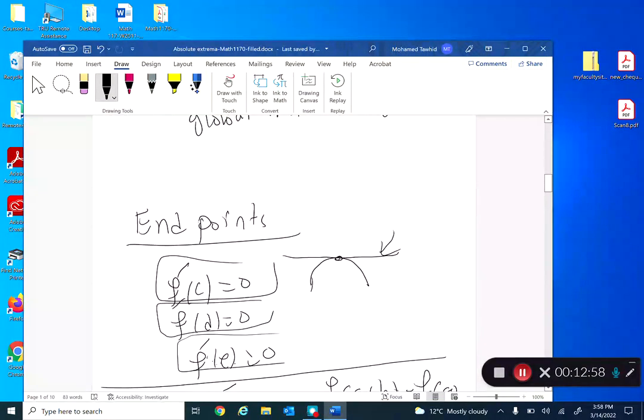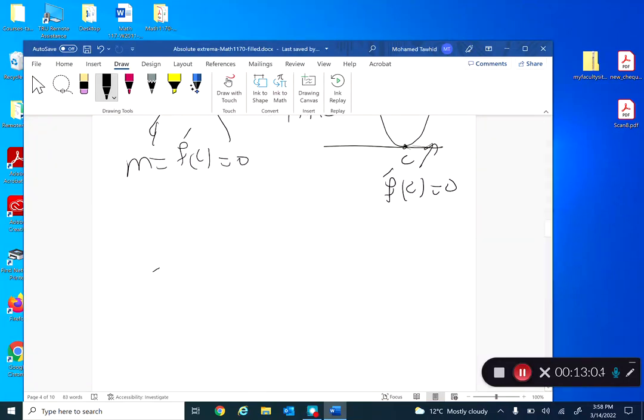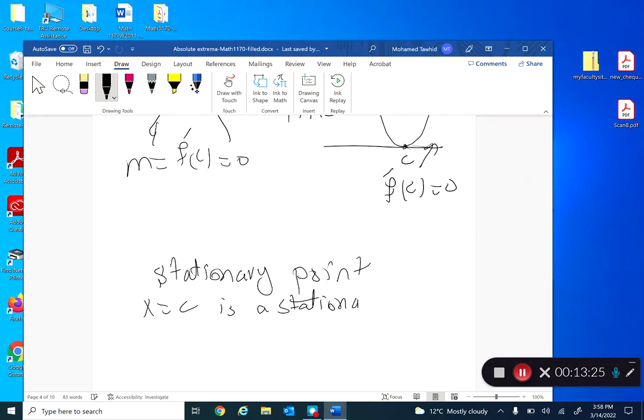This point where you have a horizontal tangent, or the slope is 0, or your derivative is 0, we call a stationary point. So let me write it here: stationary point. So x equals c is a stationary point if your first derivative at c equals 0, and also your c must be inside the domain.